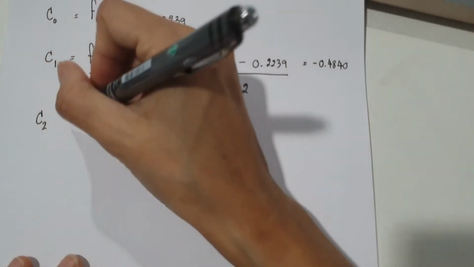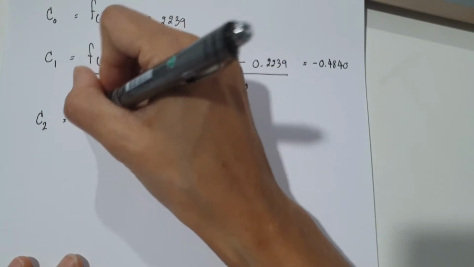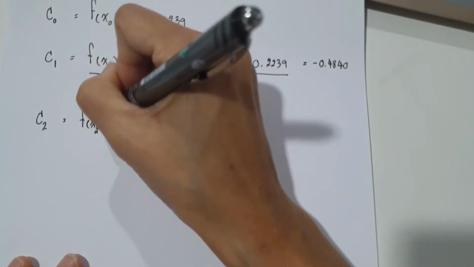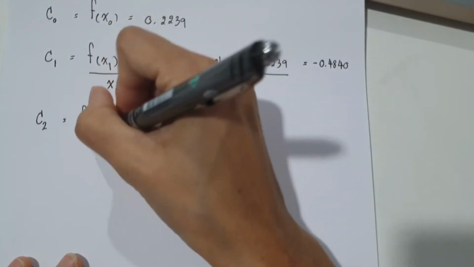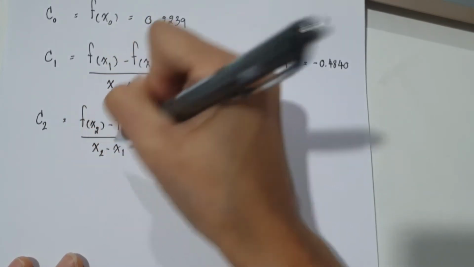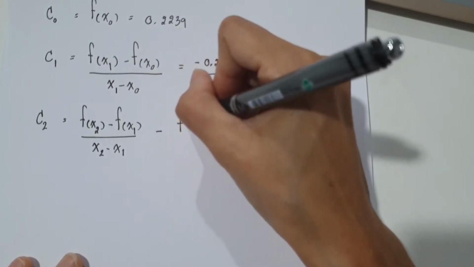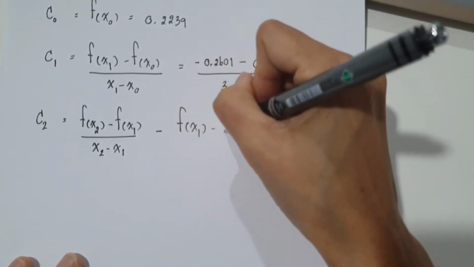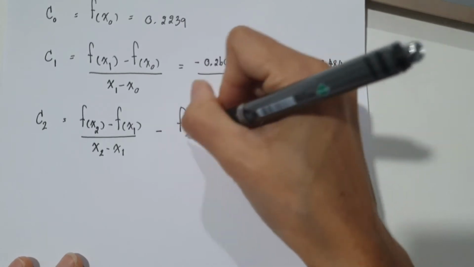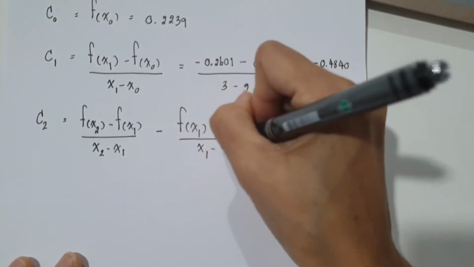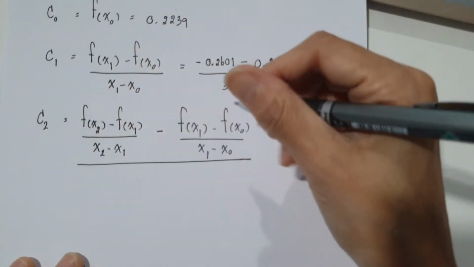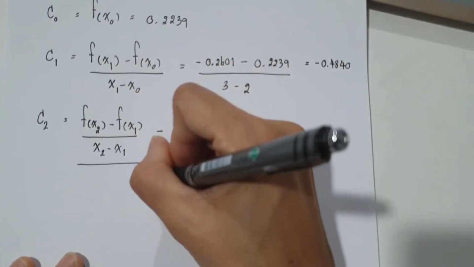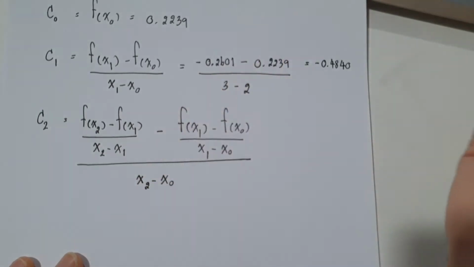And the last term is c2. For c2, we can use the formula that we wrote before: (f(x2) - f(x1)) divided by (x2 - x1), minus (f(x1) - f(x0)) divided by (x1 - x0), and the whole of this equation is divided by (x2 - x0).